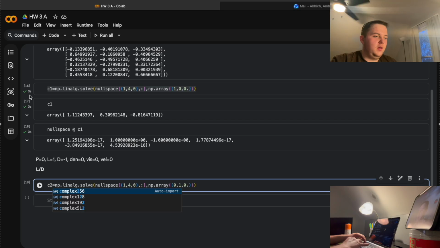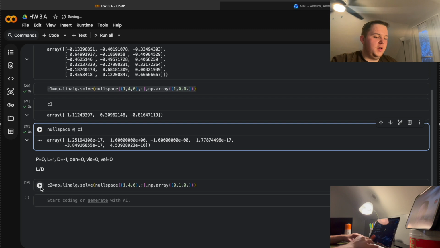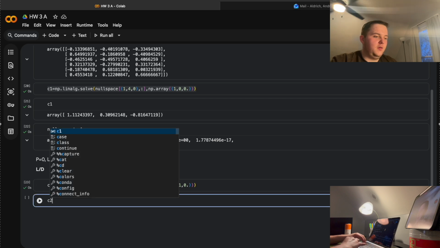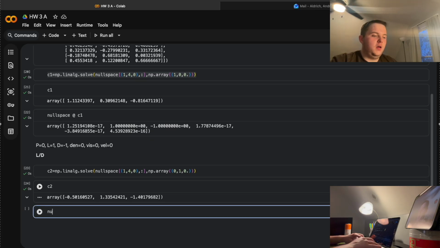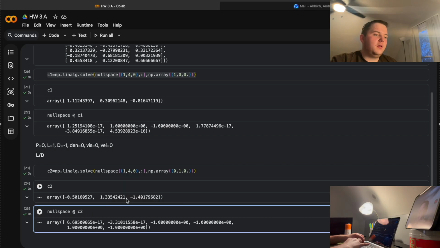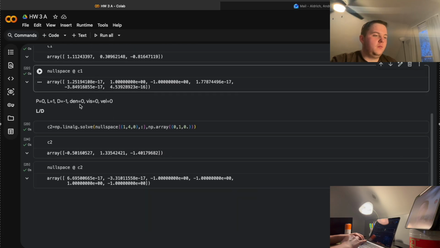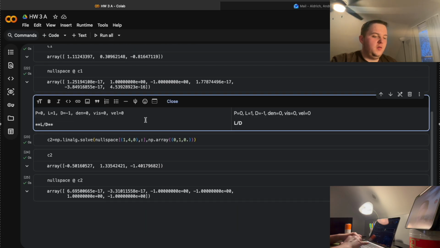Let's rerun these so nothing changes, and then we define our C2. It should give us an array of different values, which it does. And then we're going to do our null space at C2, and we get values as we did before with C1.